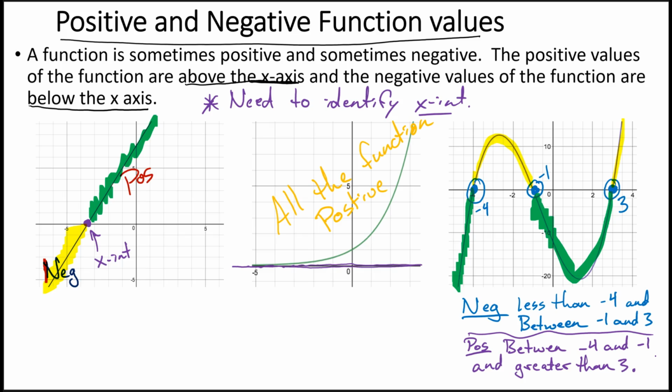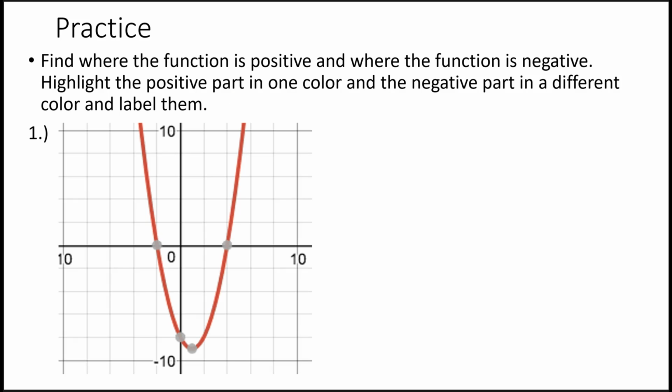Again, I would like you to identify what portion of the x-axis gives us those positives and negatives. So we have this one here. It says find where the function is positive and where it is negative. We're going to highlight, but then I would also like you to identify exactly where we are positive and where we are negative according to the x-axis.